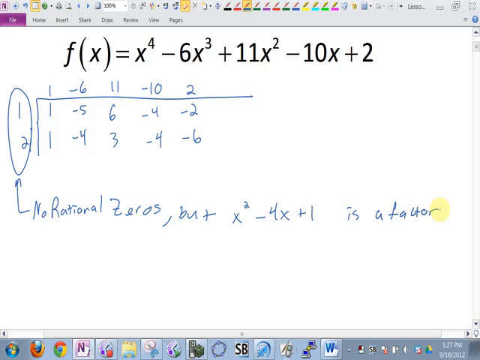Here's the thing. Are our calculators perfect? No. When you add those numbers together, is there a chance you weren't actually supposed to get 4 exactly? You're supposed to get 4.000003. But your calculator has so much rounding error that it just says, oh yeah, this is 4. So there's a chance when I actually go to test whether or not this is a factor or not, it actually tells me it's not.